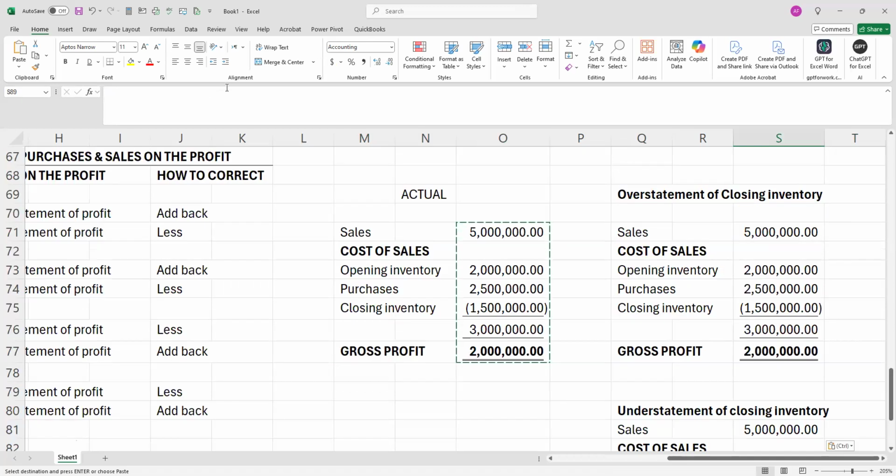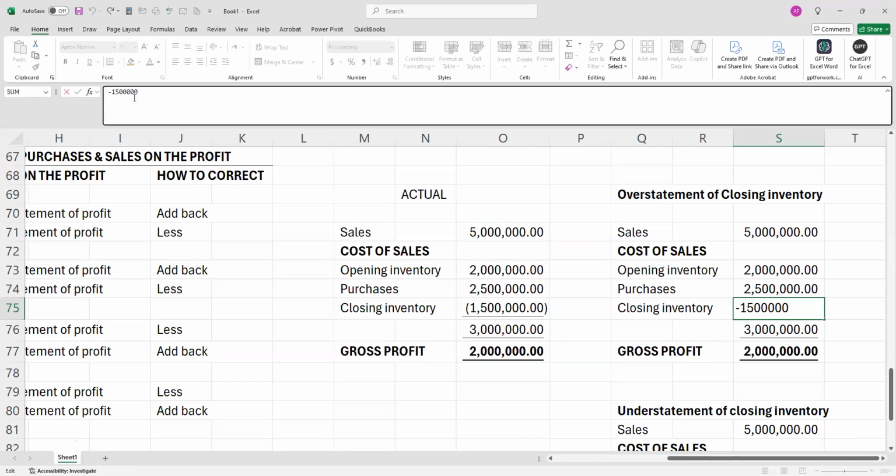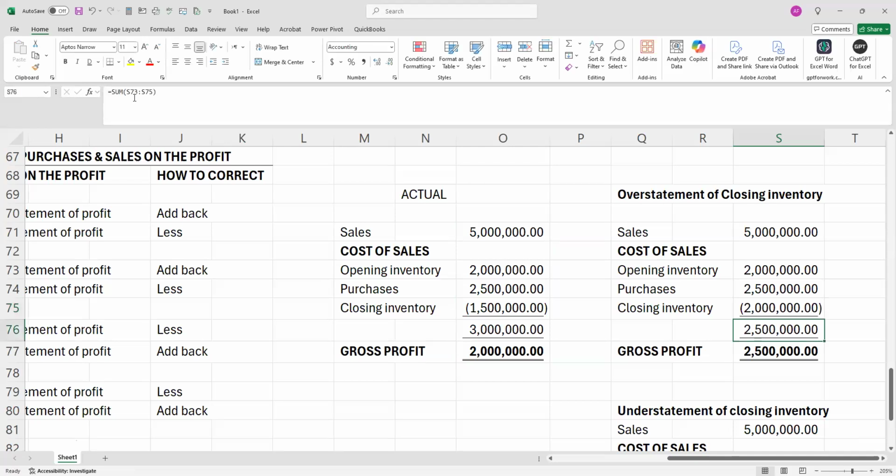Look at the effect. The moment you overstate your closing inventory, instead of 1.5, maybe we have 2 million. See the effect? You'll overstate your profit compared to what it should have been.